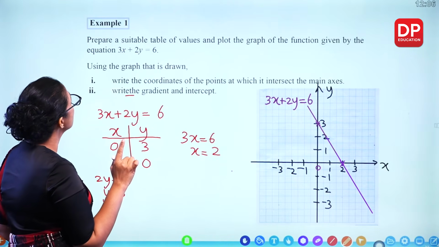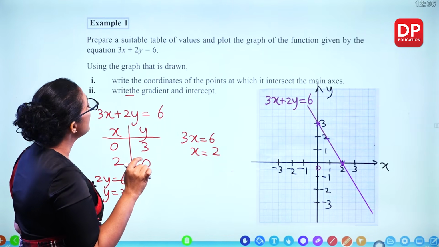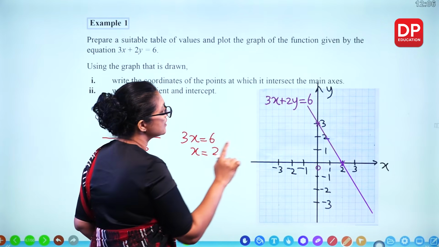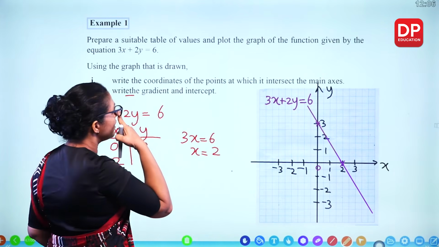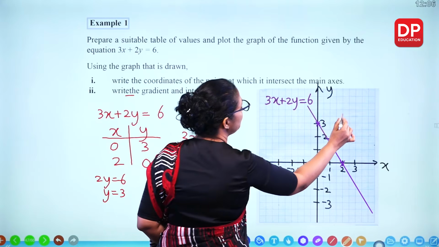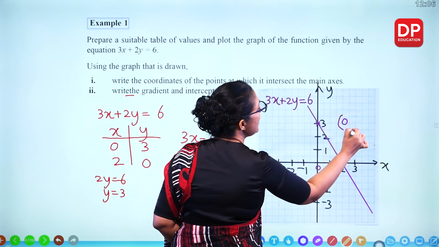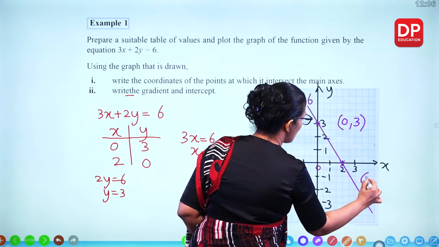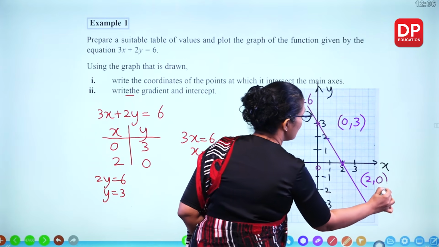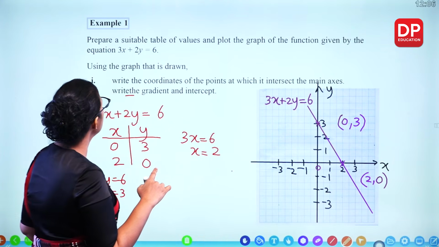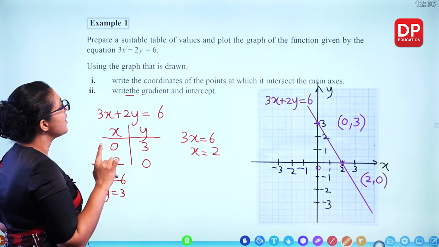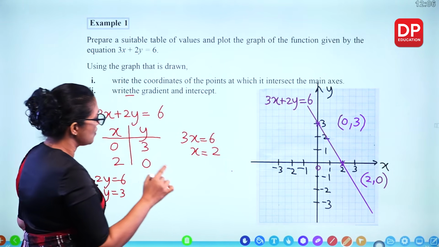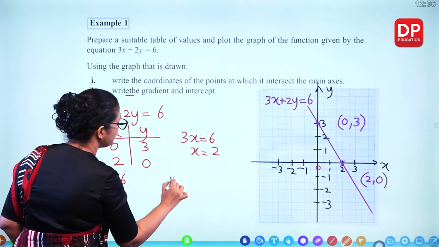So using the graph, write the coordinates of the points at which it intersects the main axis. So you're asked to write down the coordinates. So 0, 3 and here 2, 0. Those are the 2 coordinates, and then write the gradient and intercept. So what is the gradient?